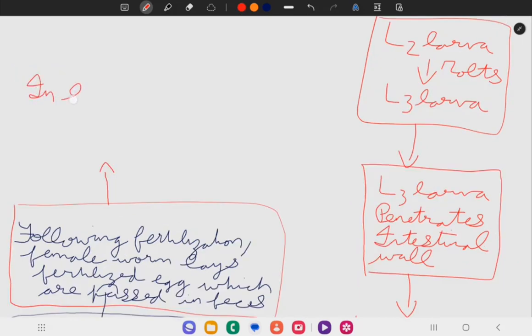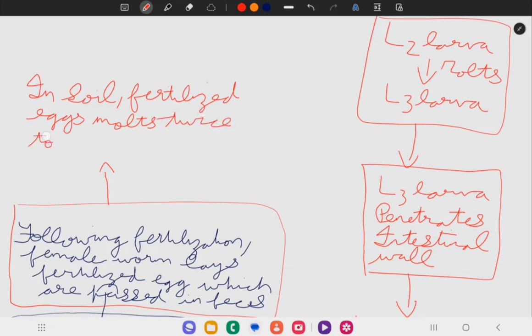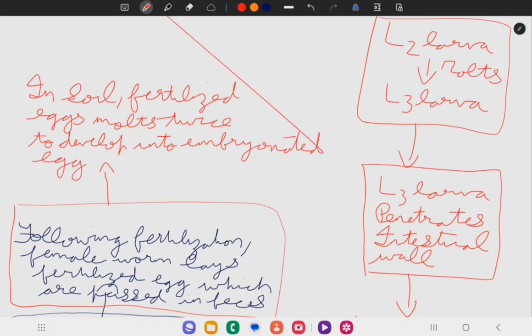In soil, the fertilized egg molts twice to develop into embryonated egg, and this embryonated egg contains L2 larva.